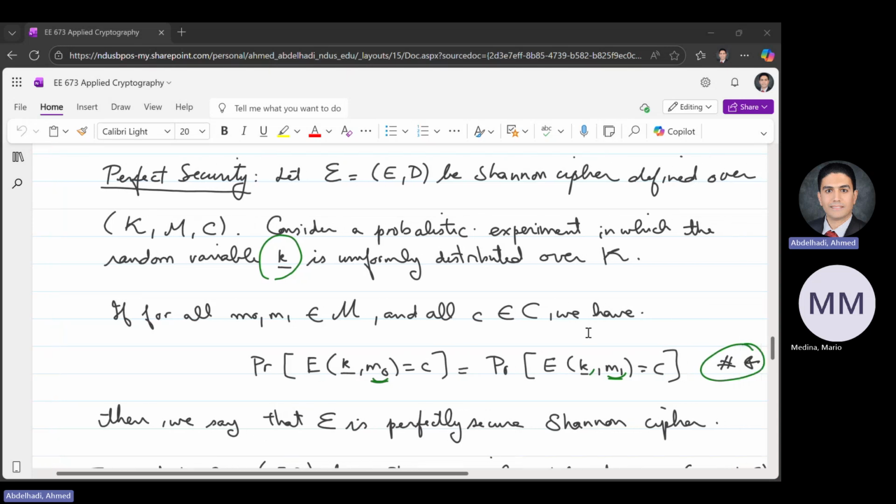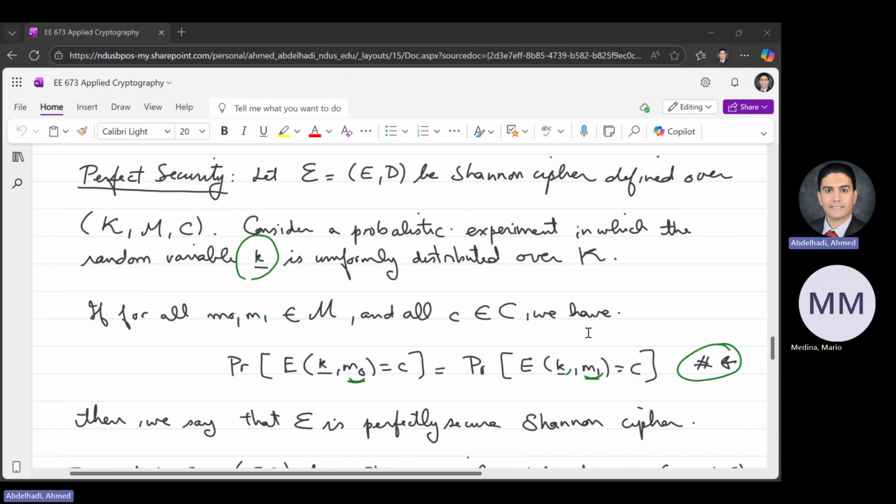So the last thing we talked about was perfect security, and we said perfect security is basically if you have a Shannon cipher defined over K, M, and C, then consider a probabilistic experiment in which the random variable k is uniformly distributed over K. If for all messages m0, m1 belonging to M and all c belonging to C, we have the probability of encryption of message m0 and message m1 being equal.